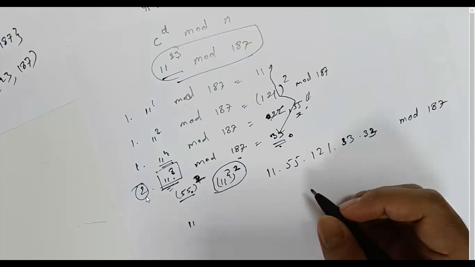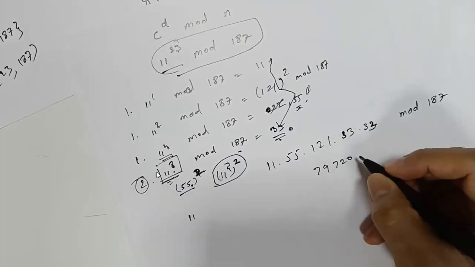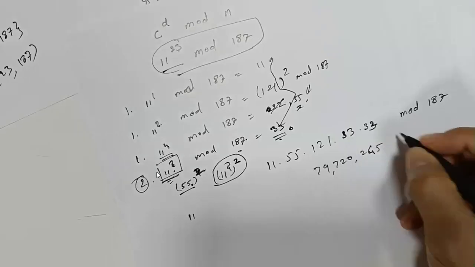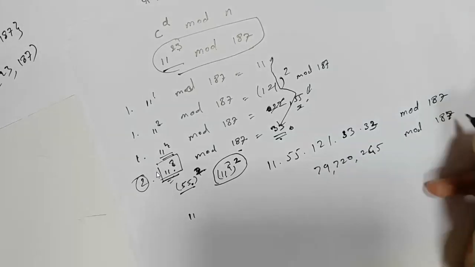So its value is 79,720. 245. 245. Everyone should get these values correct.